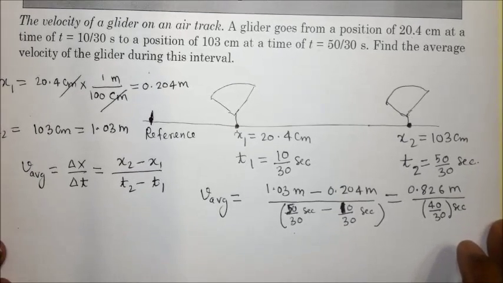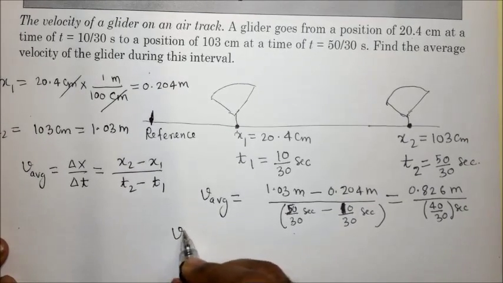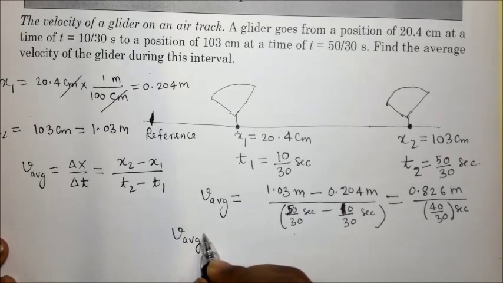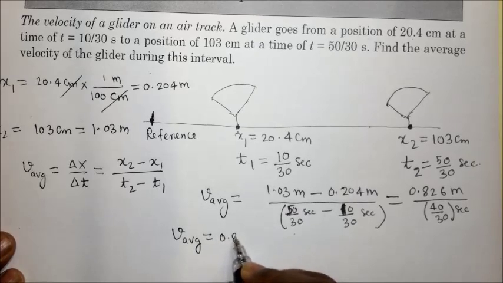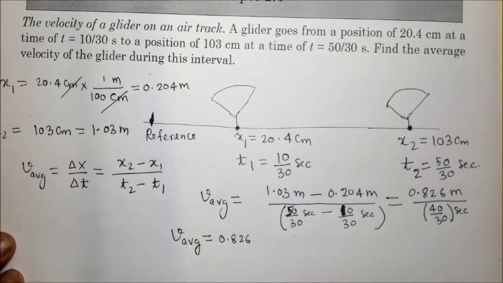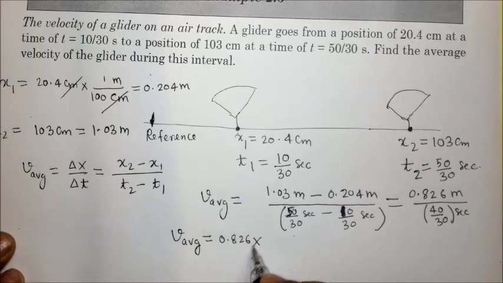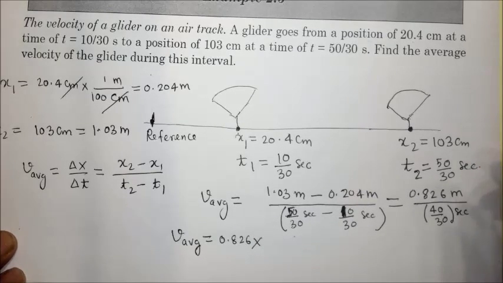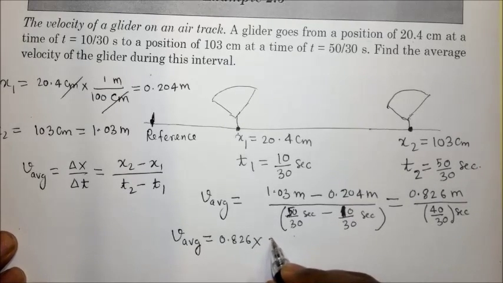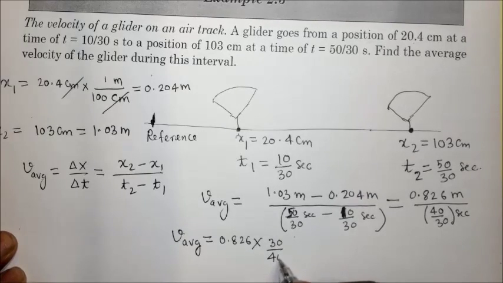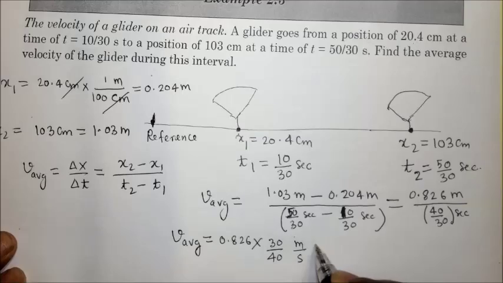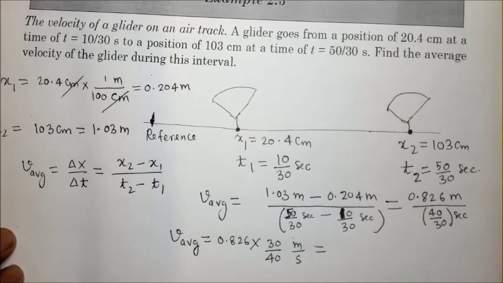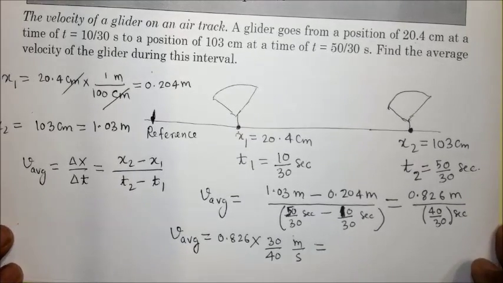Alright, so V average is equal to 0.826 times, I just flip it, 30 over 40 meter per second.